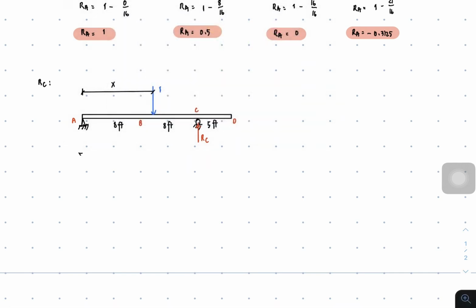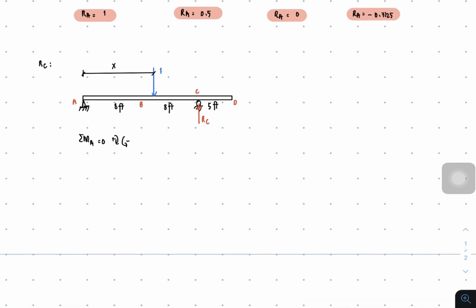So let's do now the summation of moment about point A equal to 0, clockwise positive, counterclockwise negative. So RC about point A, it's negative RC times 16. And then the 1 unit load will rotate about point A with a clockwise direction, so that's plus 1 times x equal to 0.